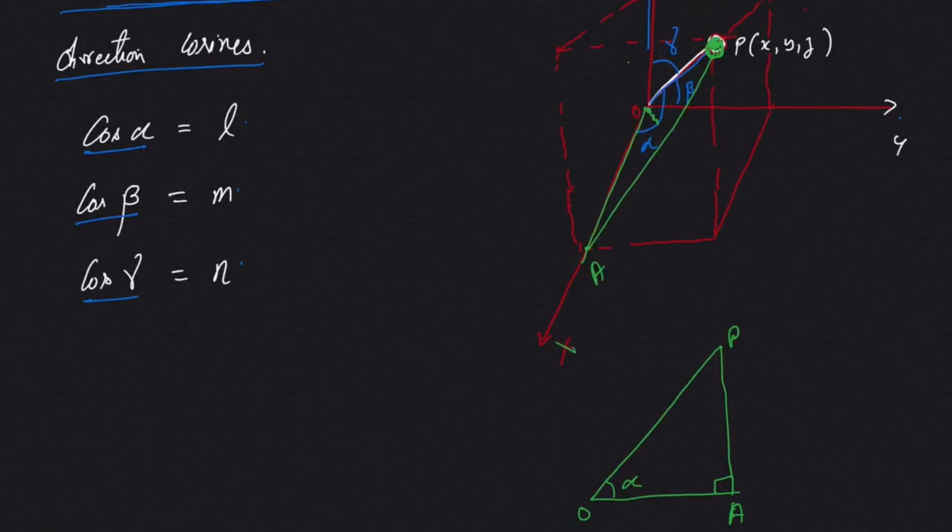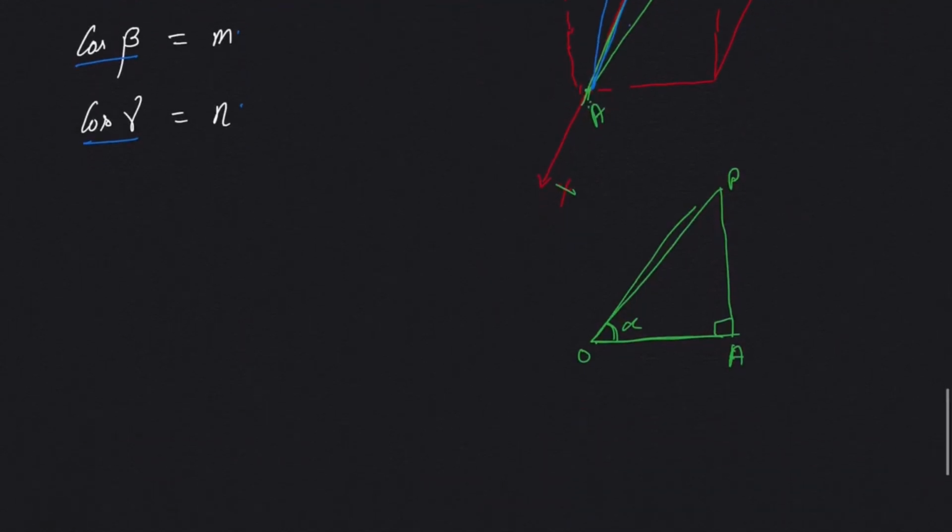So OP will be perpendicular to OA, and OA makes an angle alpha with respect to the x-axis. The point will be somewhere like this, perpendicular. It looks okay now, but remember, this is imagination only.